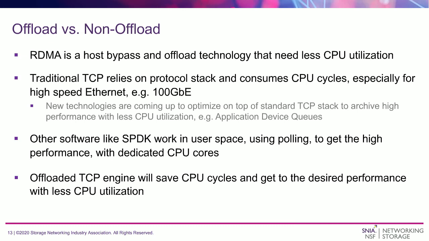In the second bullet, as I said, TCP relies on the protocol stack and uses CPU cycles and affects performance as compared to an offload mode where the host CPU is not loaded or burdened by the transactions for the test IOs.